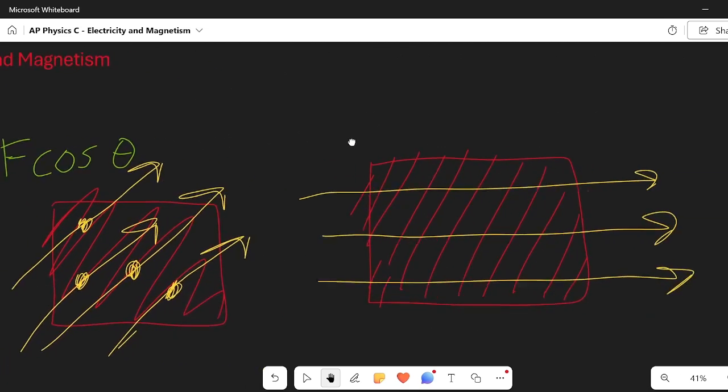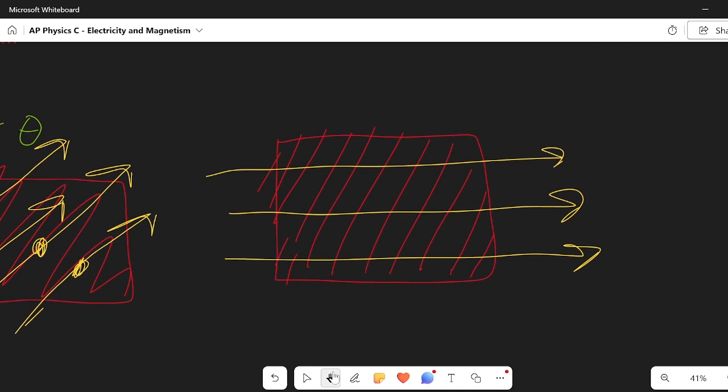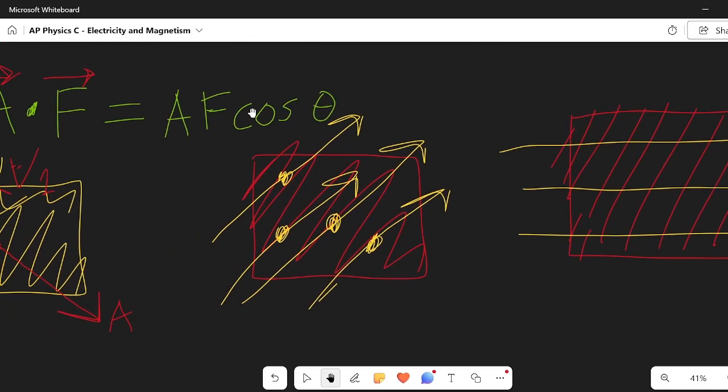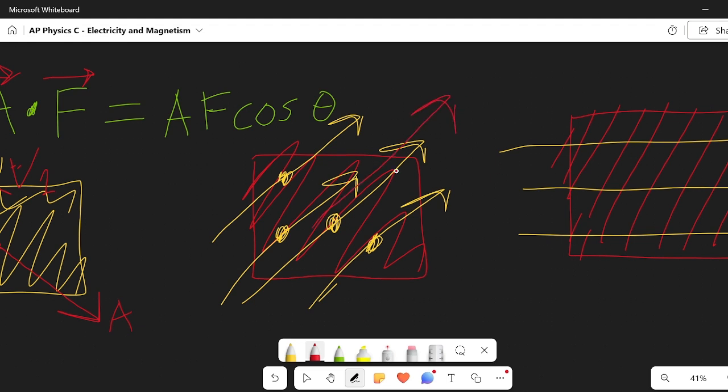But in this case, where we have a parallel area, our area vector is shooting out in the same direction, so it's parallel. So the angle between the two is 0, and cosine of 0 is 1.